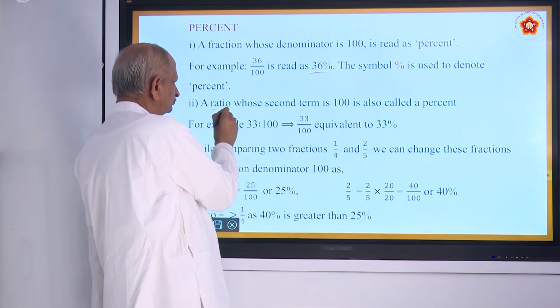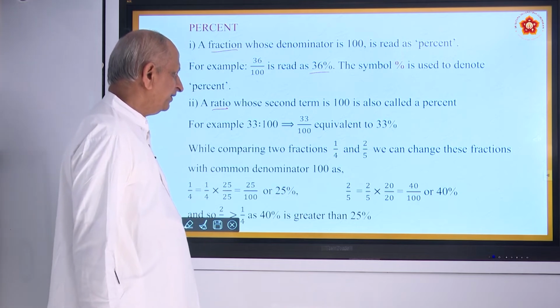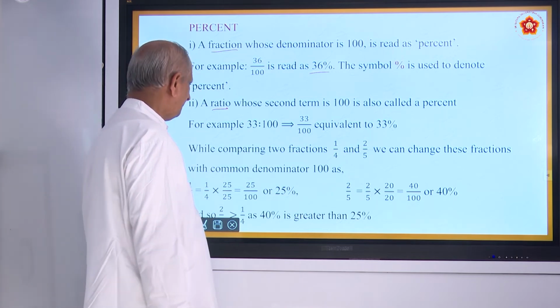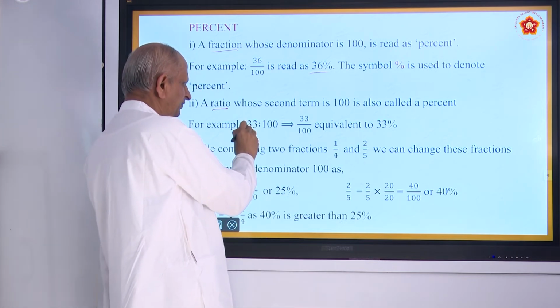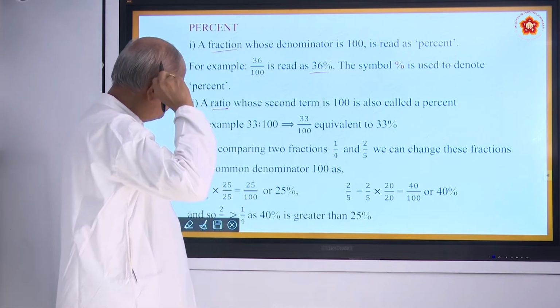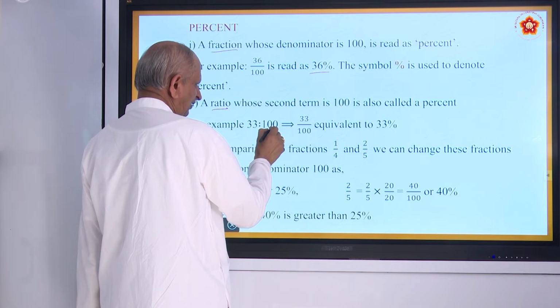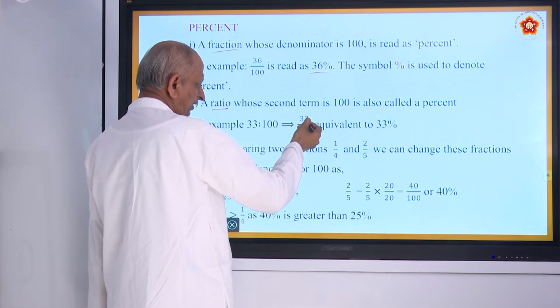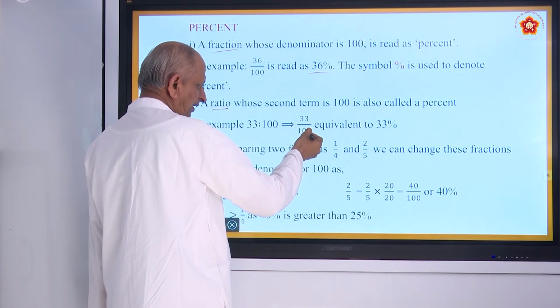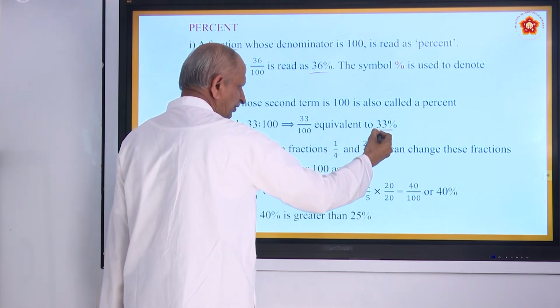Ratio. This is about fraction, and this is about ratio. So when the second term is 100, it is also called a percent. For example, 33 is to 100. So this is called the antecedent. This is called the consequent. So it can be written as 33 by 100, also equal to 33%.